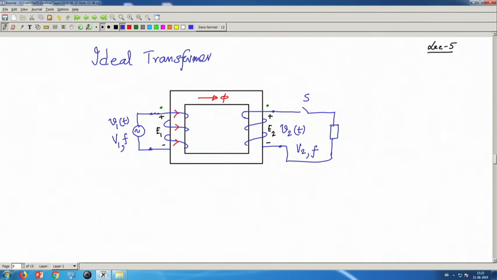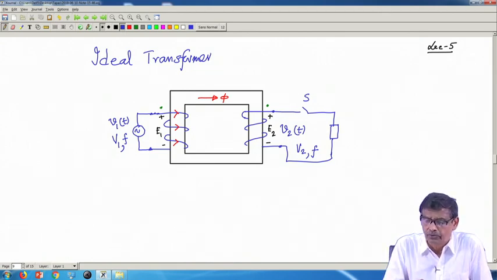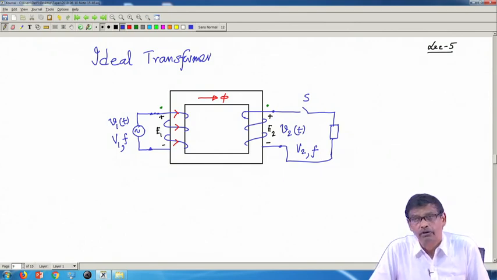Another thing I did not tell you, but can add now, is that there is no core loss in the magnetic material of the core. We will see later what core loss is, which comprises eddy current and hysteresis loss.